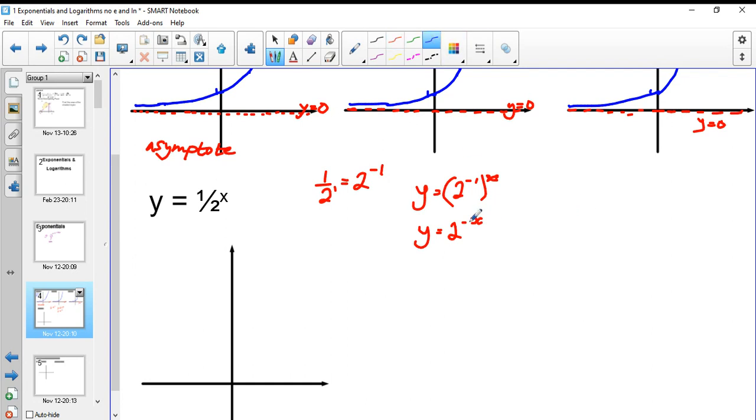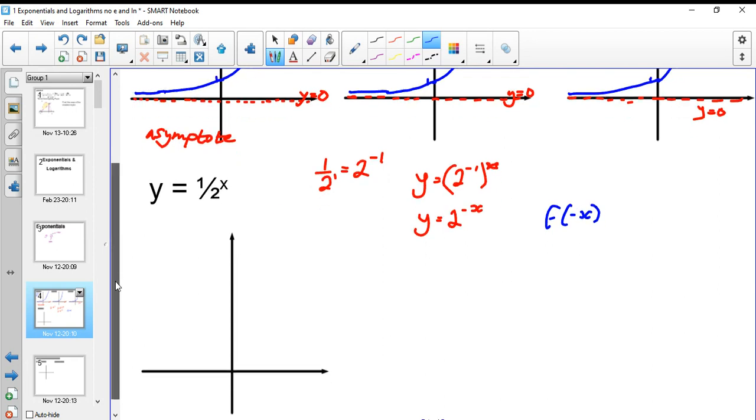Because there is a minus that's gone into the function, we think of this as a graph transformation. This is a reflection in the y-axis, of the form f of minus x. It's inside the brackets, so it's affecting the x coordinates.